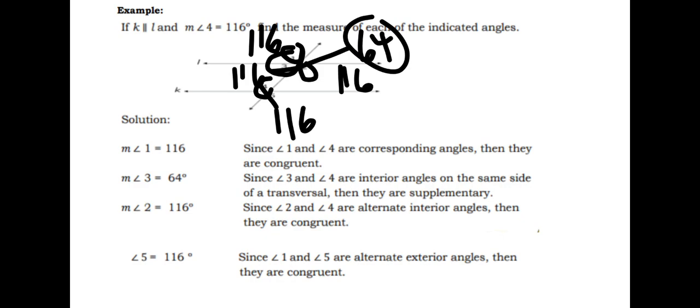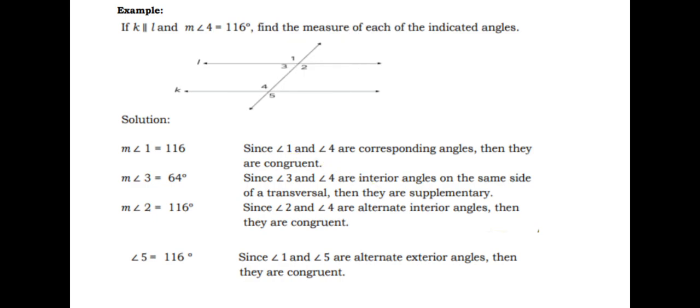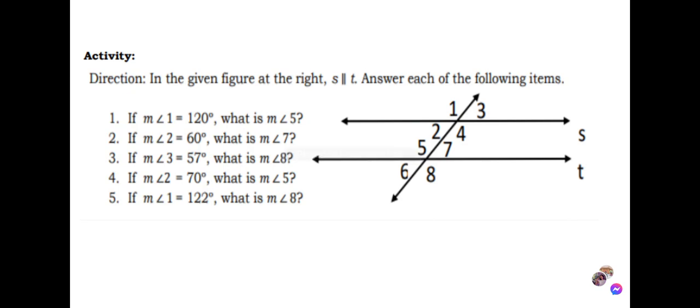So just remember the theorems: the vertical angle, the linear pair, and of course the same side interior, same side exterior, alternate interior, alternate exterior, and corresponding angles. Now, this is your activity for today.